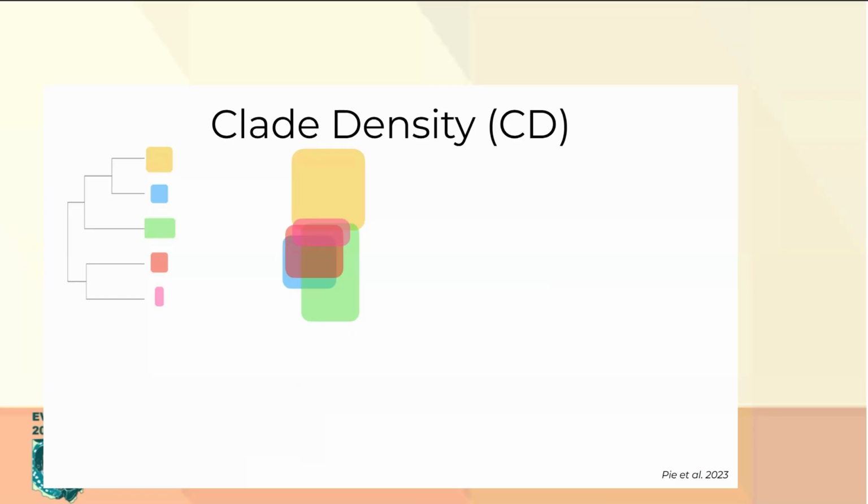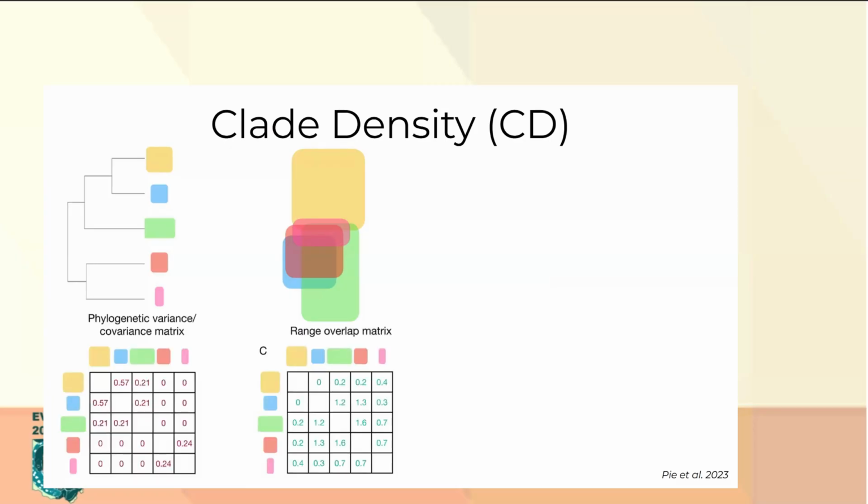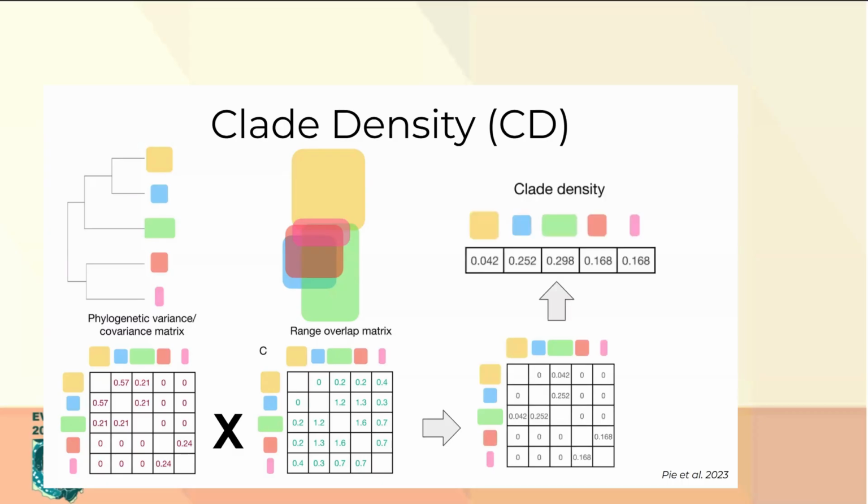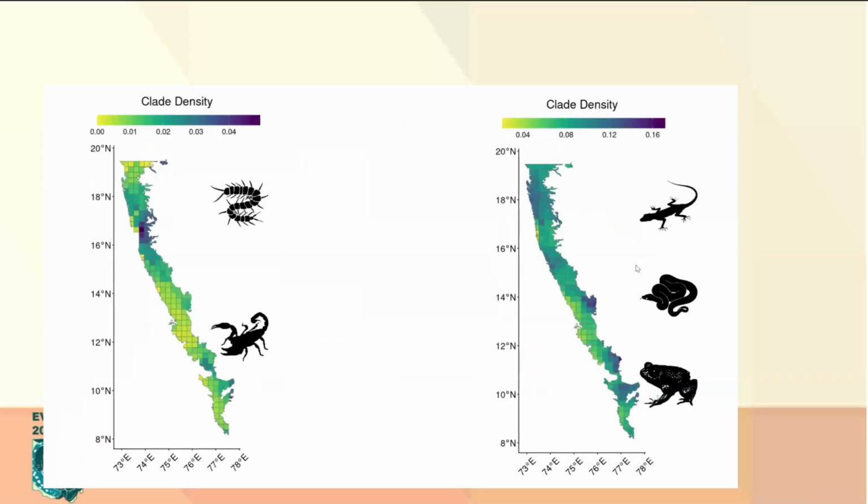So using this method, we can find out the phylogenetic variance covariance, and we can also find out the range overlap of different species. Once we multiply these matrices, we get a resulting matrix like this. When we take the sums along the rows, we can find out how densely packed one species is relative to the other species in that particular radiation.